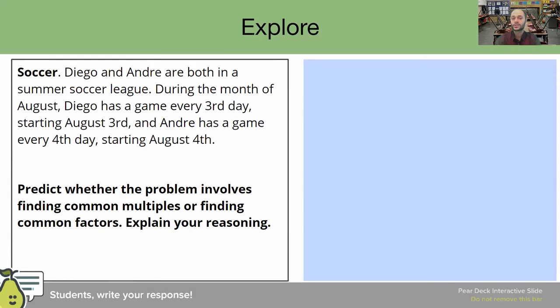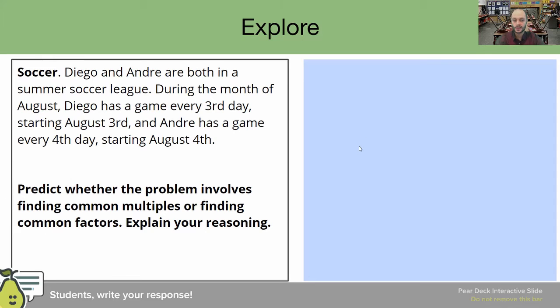Now, in this question, there are certain words here that can really point us in the right direction as to which type of question this is. All right, what I want you to do is to please pause this video. Can you find those words and let us know which words are helping you predict what type of problem this really is? All right, welcome back. If you said the word every in this story is making you think this is a common multiples problem, then you are correct.